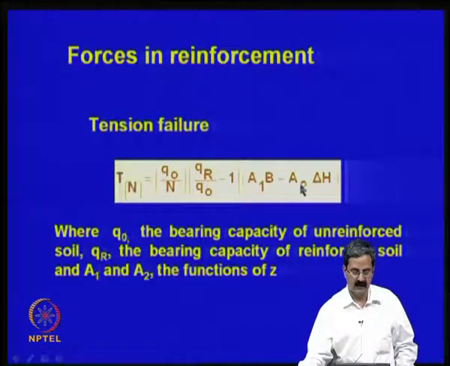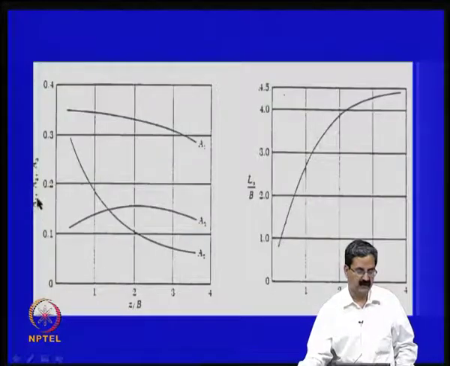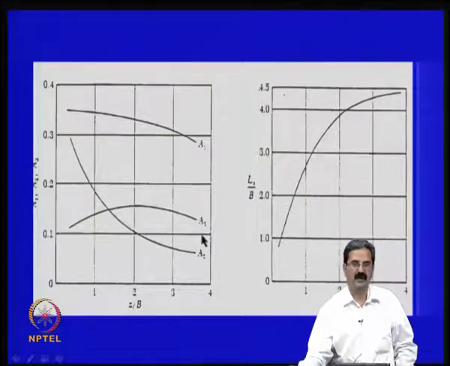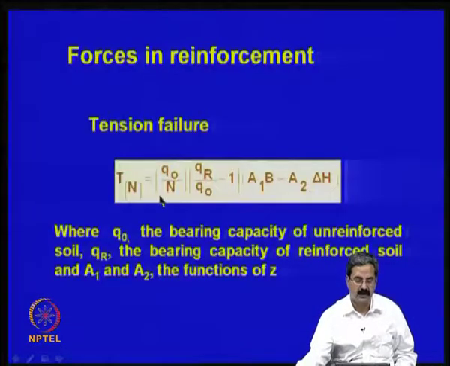Okay, so the A1, A2 are the factors that I showed you here; A1, A2 I can get from here, right. There is an A1, A2 here. The A3 factor will also be useful in pull-out resistance. So, once you know the required force and the spacing, and if I know A1 and A2, I can calculate the tension.